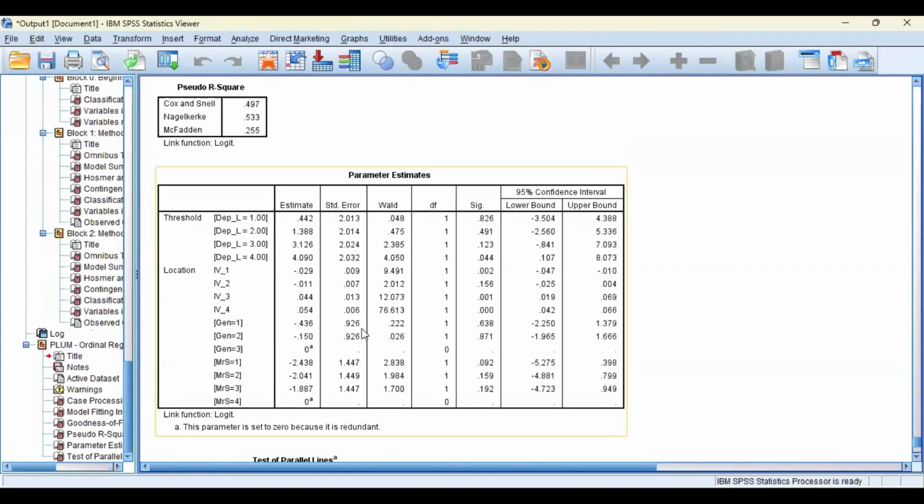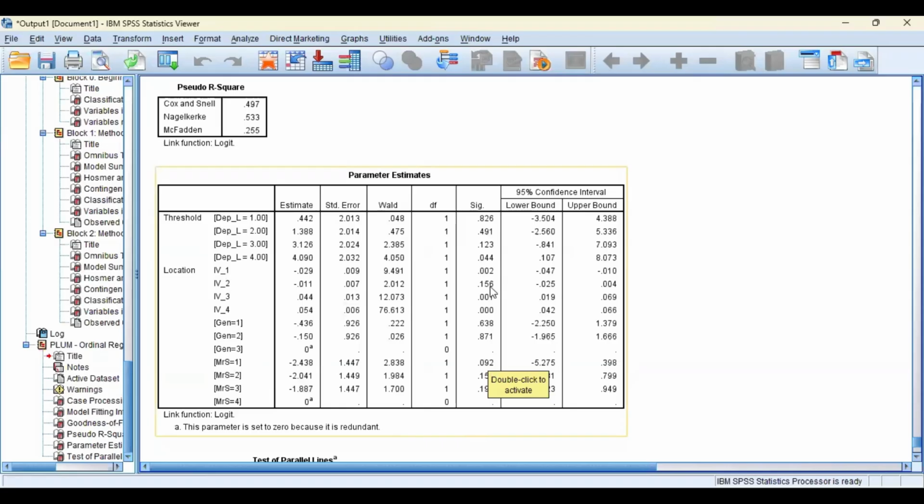I can also see if my covariates had any effects on my data. I can see they didn't have any; there are no interpersonal differences based on gender or marital status that can affect the result of my model. And even if they were significant, they still wouldn't affect my result because the effects are already controlled.